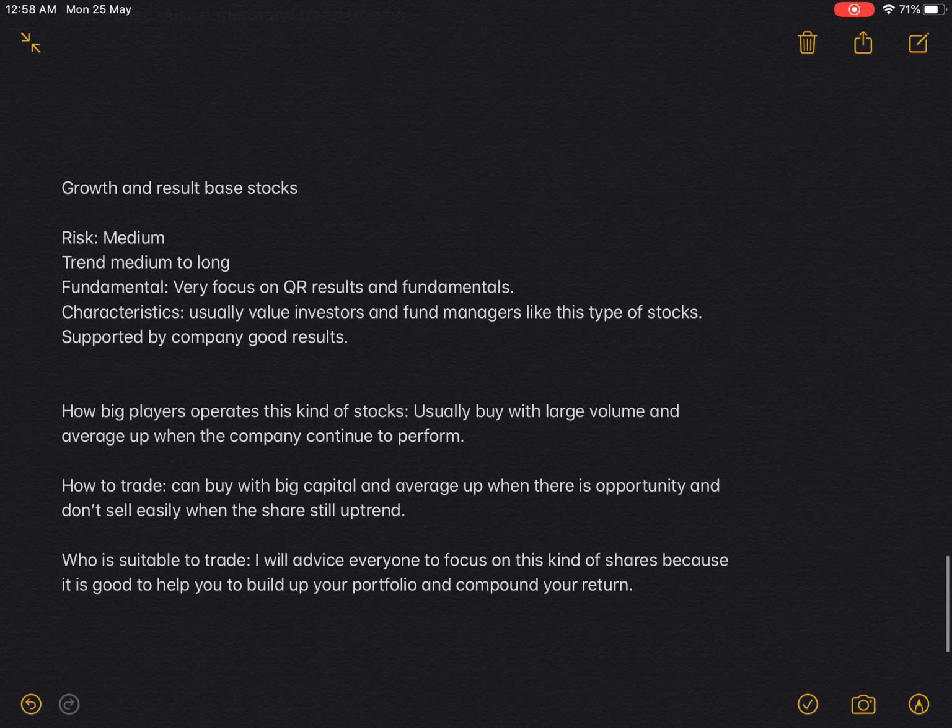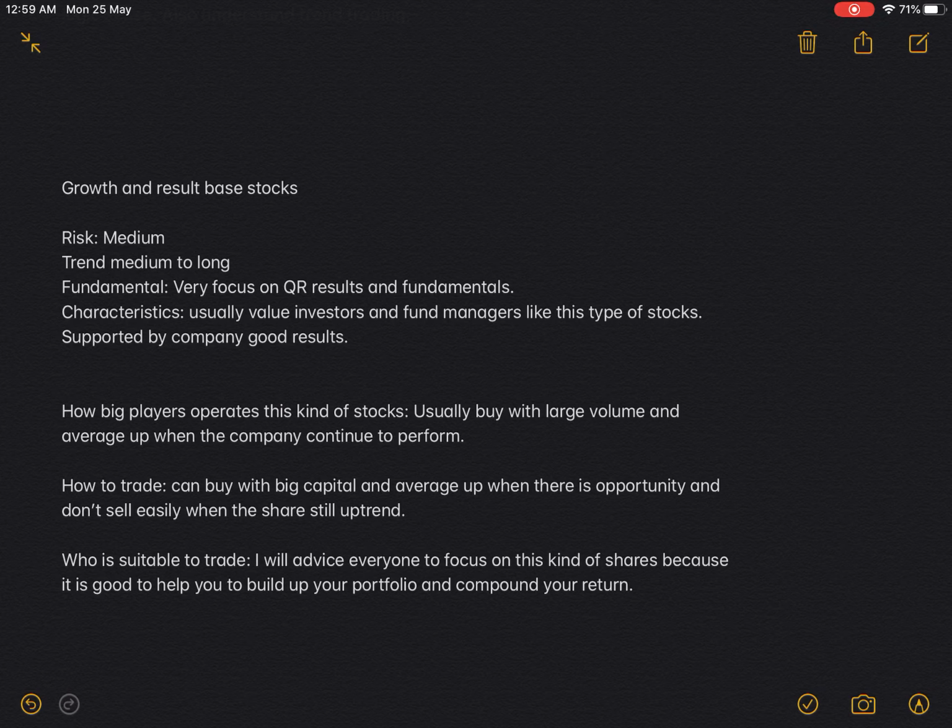Okay, the third one, this one is the one that I want to focus on. The risk is medium. It is growth and result based stocks. The trend is usually mid to long term. Usually we will focus on the fundamentals and the QR result for this kind of counter.